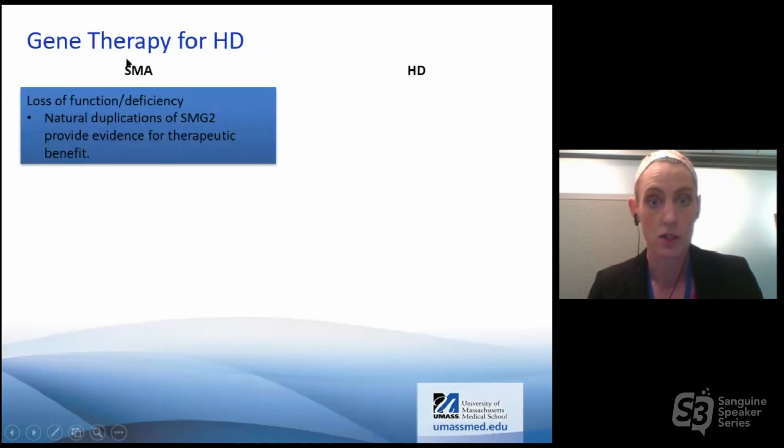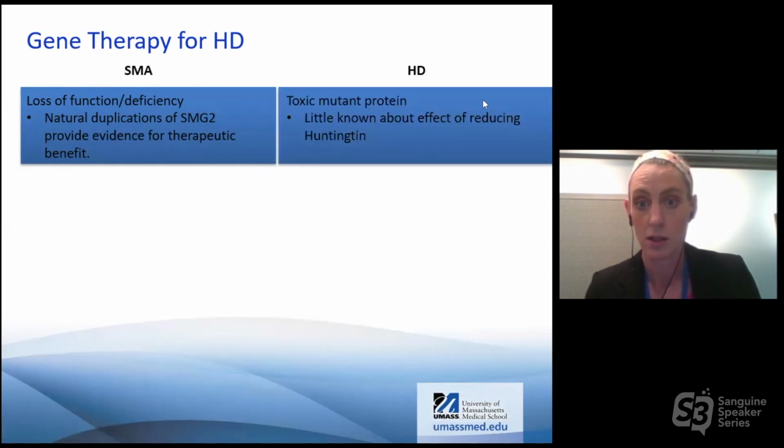So to compare this to SMA, SMA is caused by a loss of function or a deficiency. And natural duplications of SMN2 provide evidence that there is a therapeutic benefit to introducing SMN2. HD is caused by a toxic mutant protein, and there's very little known about the effect of reducing normal huntingtin, and we really don't even know at what stage we can reduce the toxic huntingtin and have a therapeutic effect.